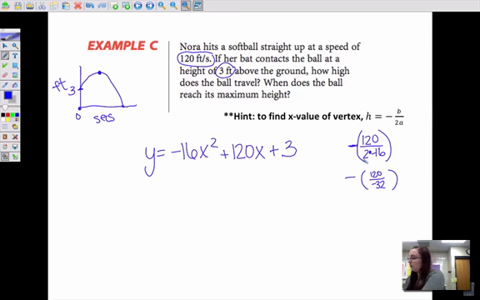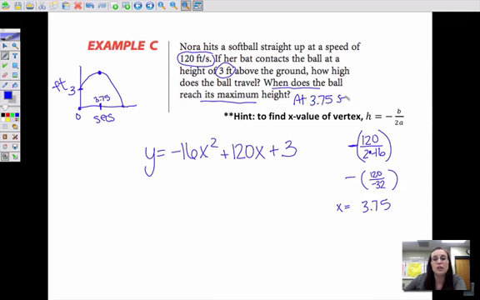I should get 3.75. Okay, so that is my x value of the vertex. So that means that I already know that at 3.75 seconds it's at its maximum height. So I actually already got this answer. When does the ball reach its maximum height? So I can start my answer here at 3.75 seconds.